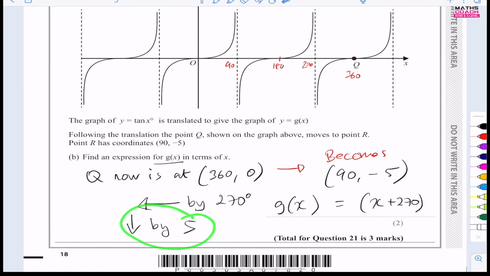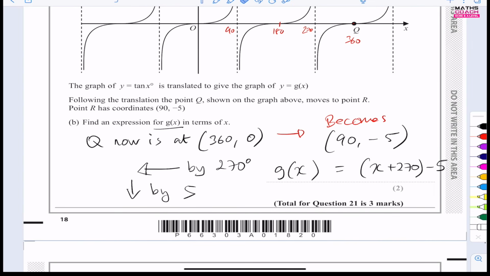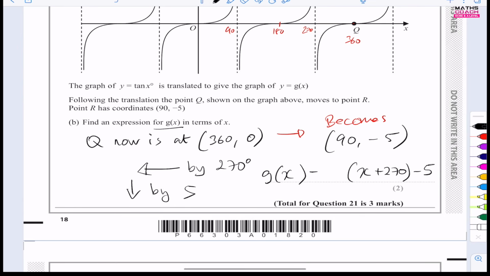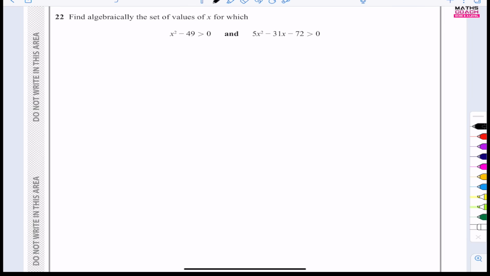And the minus 5 would be outside, like that. So g of x is equal to x plus 270 in a bracket, minus 5. Now, of course, this is the tan graph, so you have to write tan outside as well. But even if you didn't write tan, I'm sure the examiners will still give the mark if you show the translations. Moving on to the last and final question.